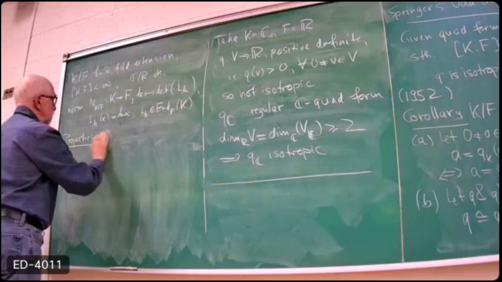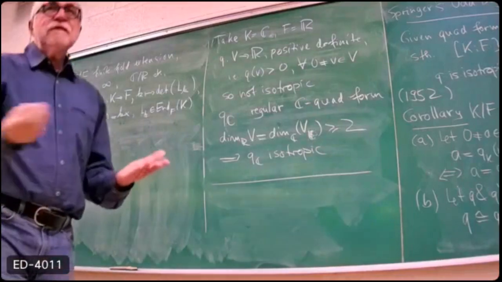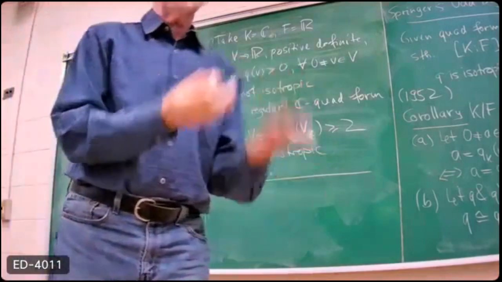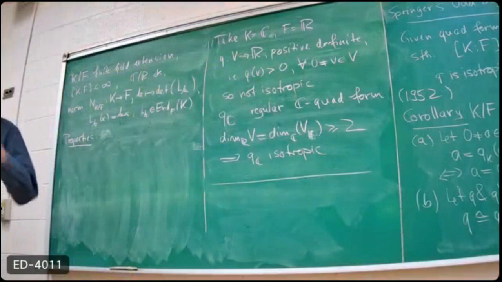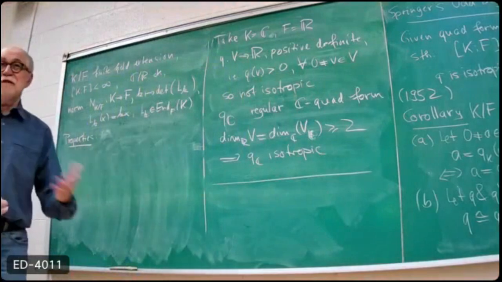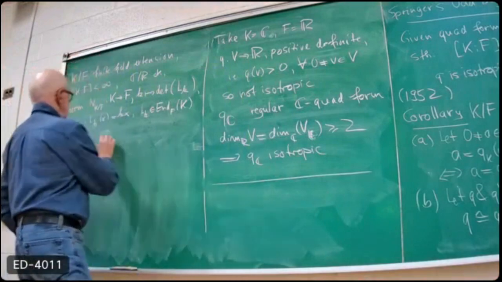Well, you see, you cannot expect more than just properties of the determinant. The determinant is in general not linear, rarely linear, but it's at least multiplicative, right?